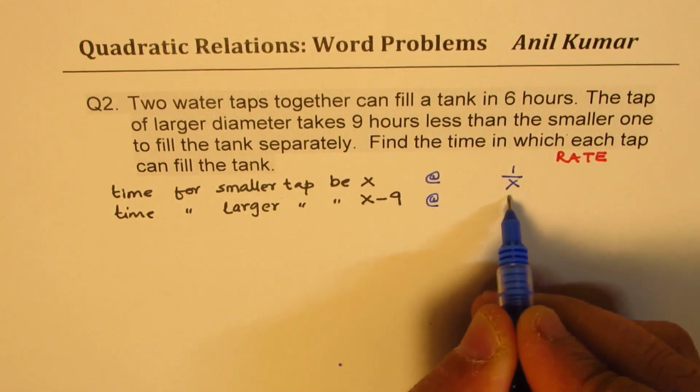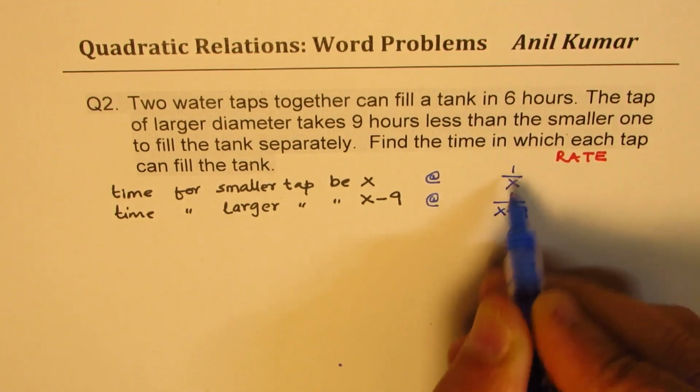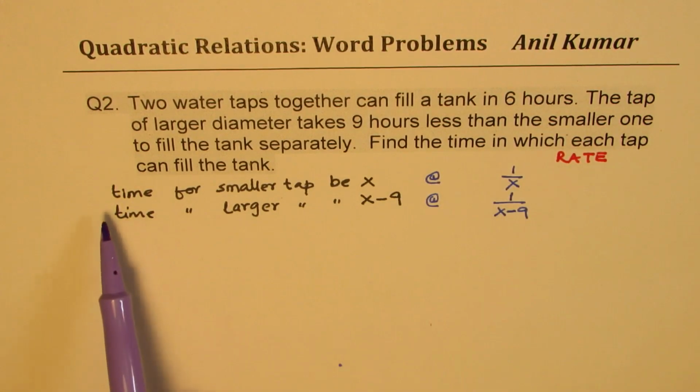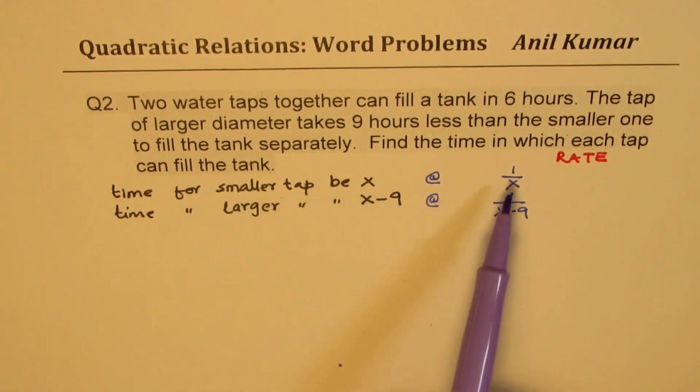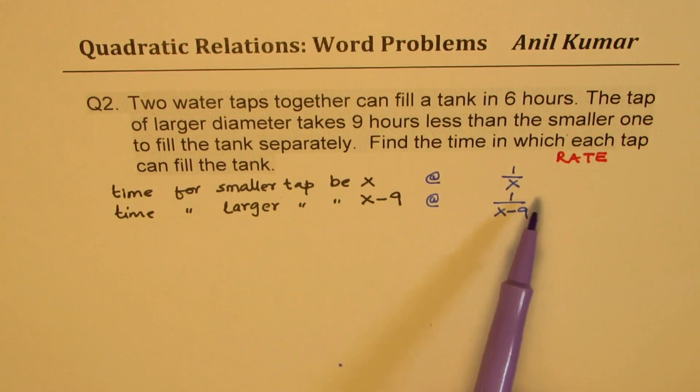The rate for the larger one is 1 over x minus 9. You understand rate? So what we're trying to figure out here is that if the whole unit of tank is 1, right? So that is how we work it out. So the rate for the smaller tap will be 1 over x, correct? That is the rate at which the smaller tap is filling, right?